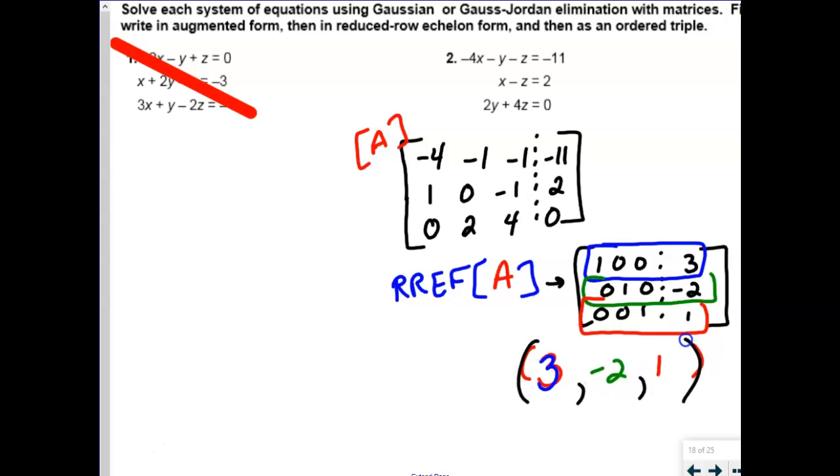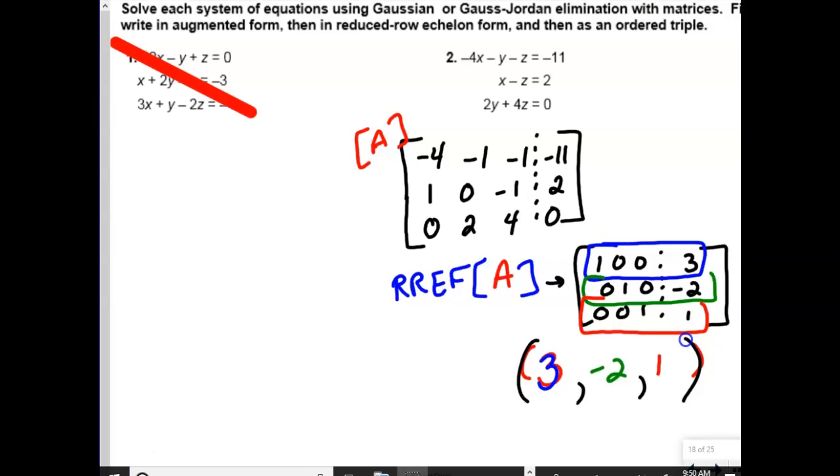Any troubles with the typing? Number 3 asks us to first write this as an augmented matrix. So this one doesn't really have any weird skipping coefficients. That's nice. So on your augmented matrix, you guys start typing this into your calculator. Watch your signs, watch your typing.